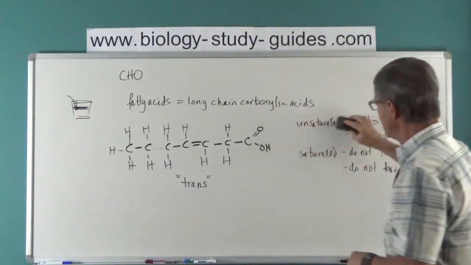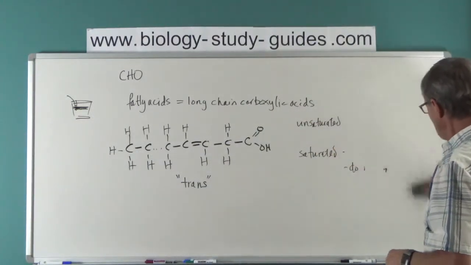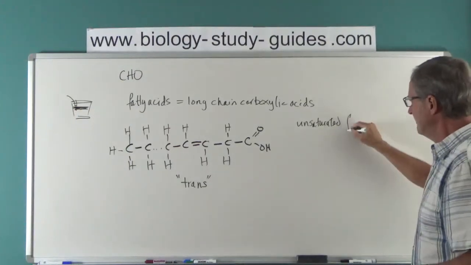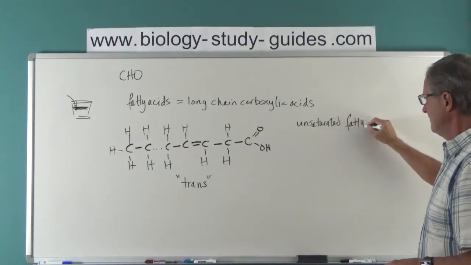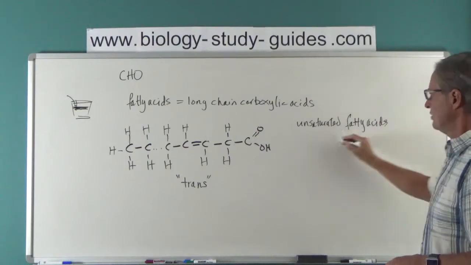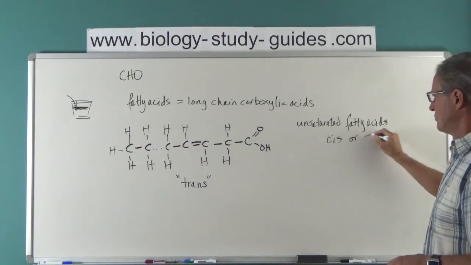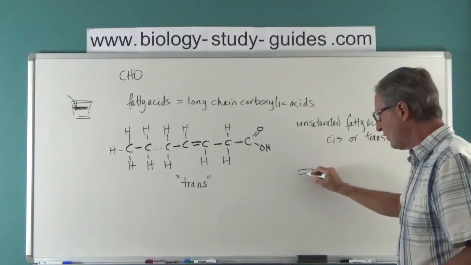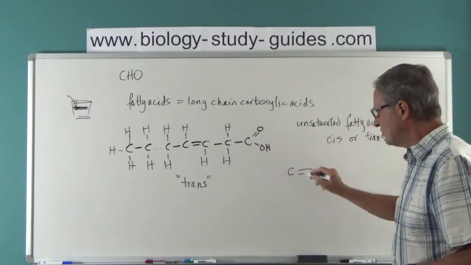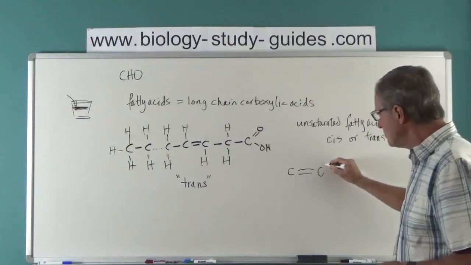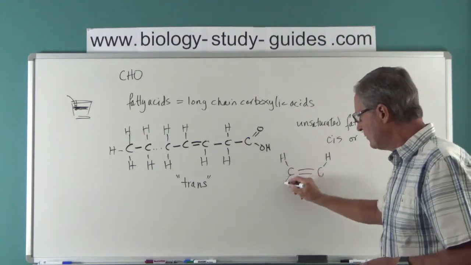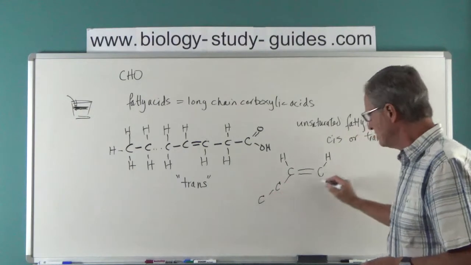Talking about unsaturated fatty acids, they could be cis or trans. And cis, here's the double bond, we just look at the double bond. Cis means that the hydrogens are actually on the same side, and the rest of the carbon chain then is like this.